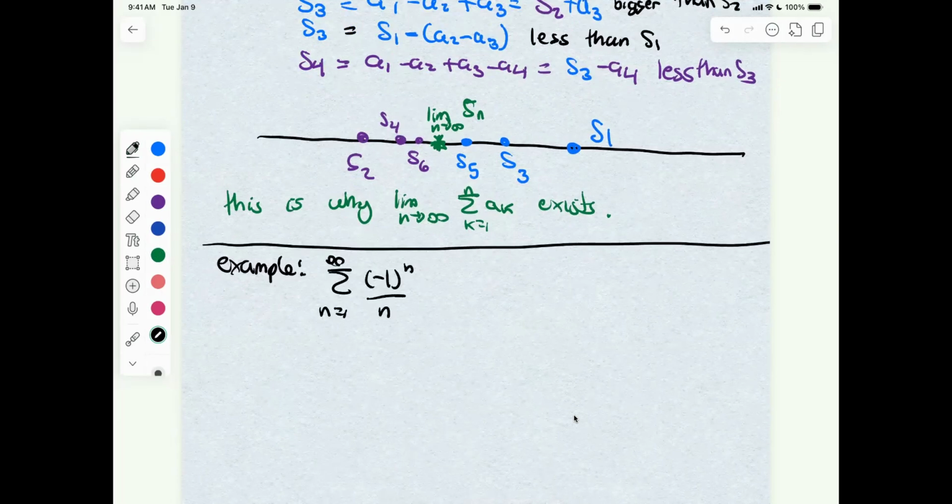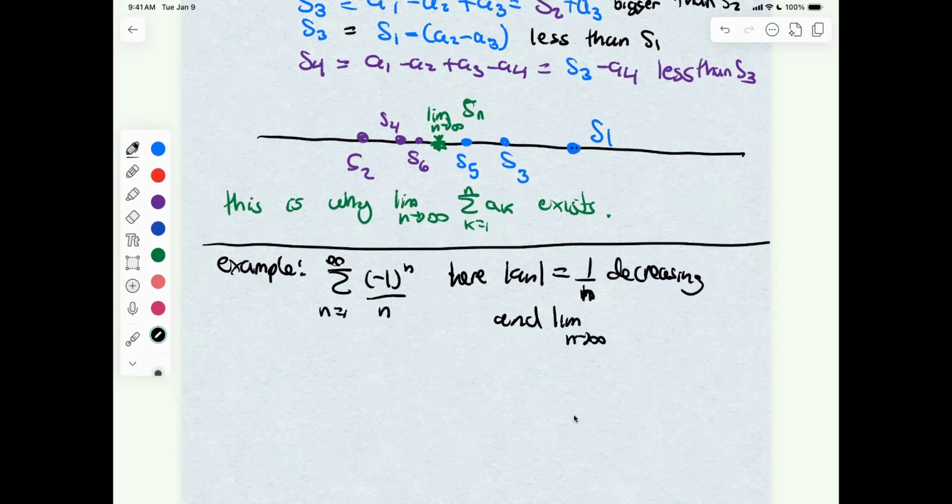In absolute value, a sub n is 1 over n, which is decreasing, right? And the series alternates. So by the alternating series test, it converges.